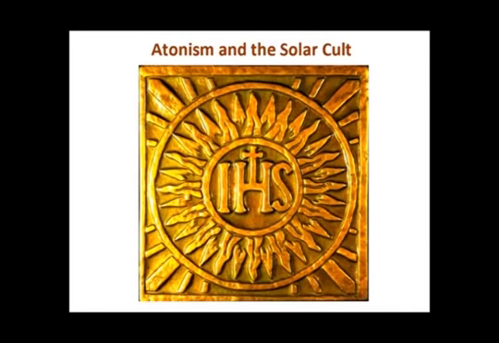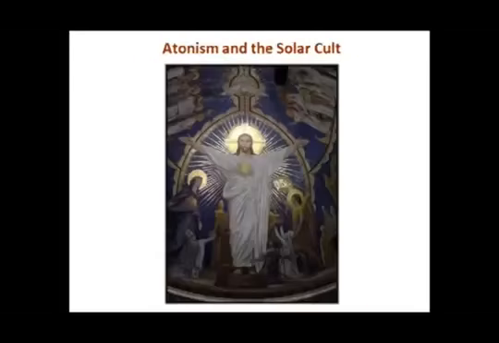But the symbol of the Jesuits just happens to be a sun disk. Many images of the Christ, of Jesus, show him with the solar rays, emphasizing again that Christianity, Catholicism, Protestantism are all branches of Atonism, just in the same way that Atonism is a branch of Ammonism, and Ammonism is a branch of Druidism.